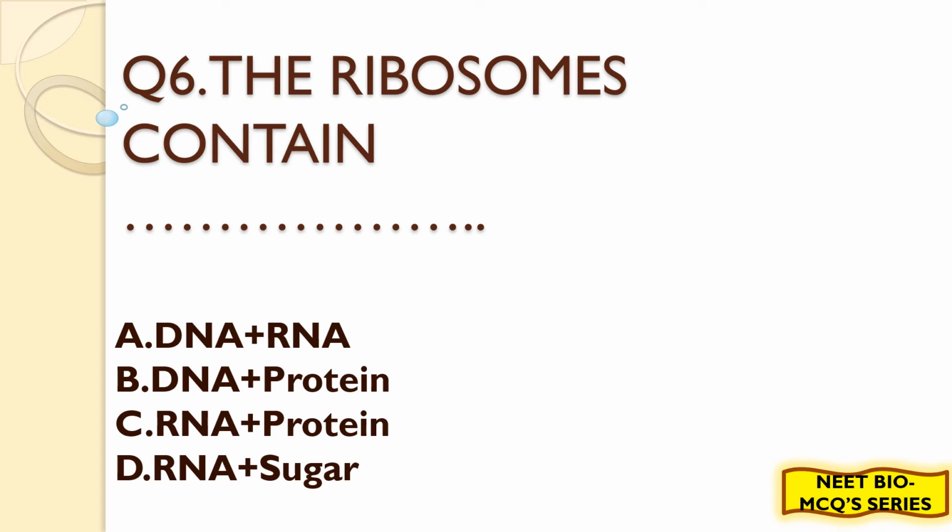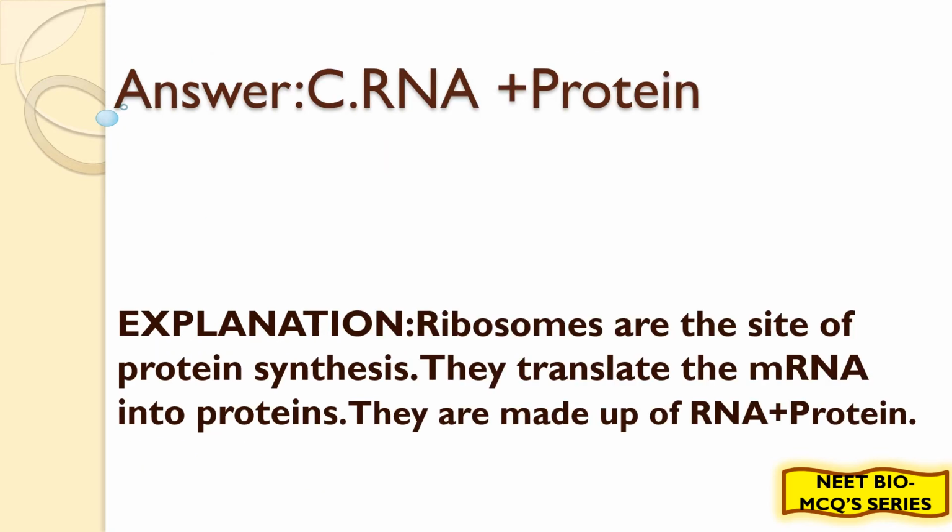So, what is a ribosome made up of? There are three types of RNA: the messenger RNA, the ribosomal RNA, and the tRNA or the transfer RNA. All of these essentially belong to the protein synthetic group. The answer is C, RNA plus protein.